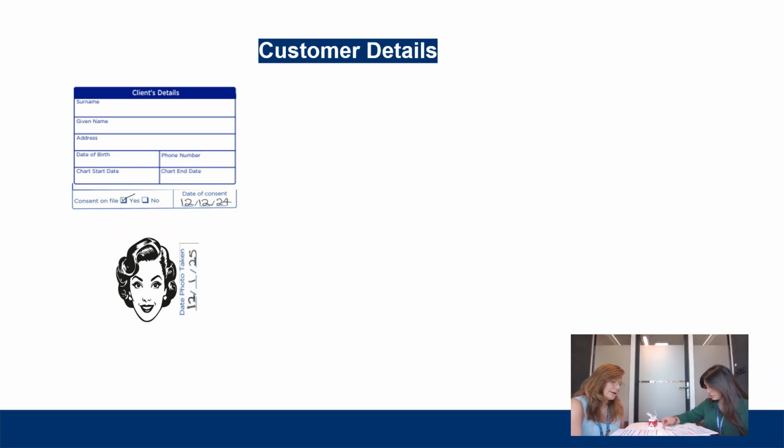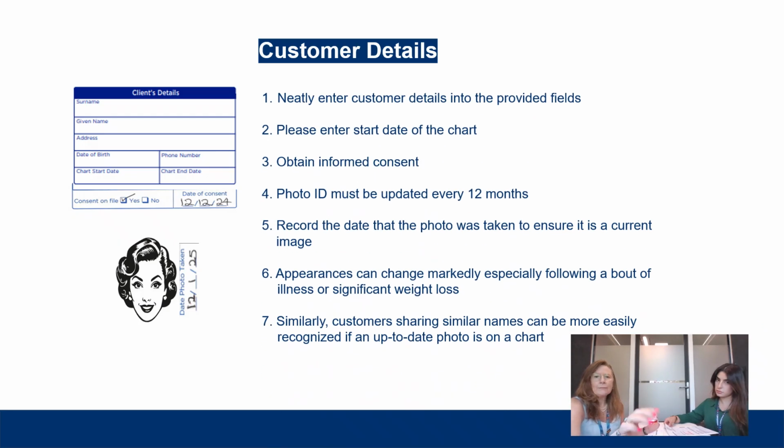On the right-hand side, you'll see a photograph, and this photograph needs to be a current photo of our customer, because customers, when they lose lots of weight or when they have extended periods of illness, they can really dramatically change their facial features. So we need to take a photograph every year of our customers and put the date alongside the photograph so that we know that it's an up-to-date photo.